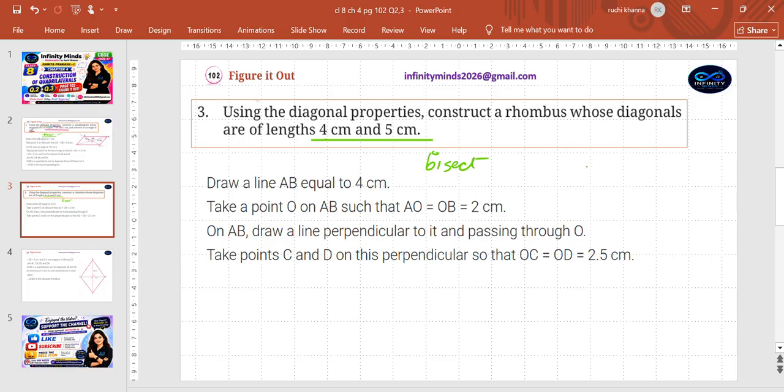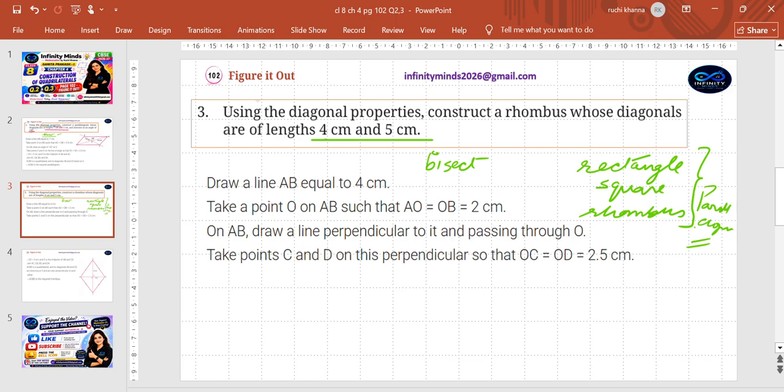Children, try and understand whether it is a rectangle, a square, or a rhombus. Do listen to the first video that has been put up on quadrilaterals, which talks about types of quadrilaterals and their properties. These all are part of your parallelogram, students.